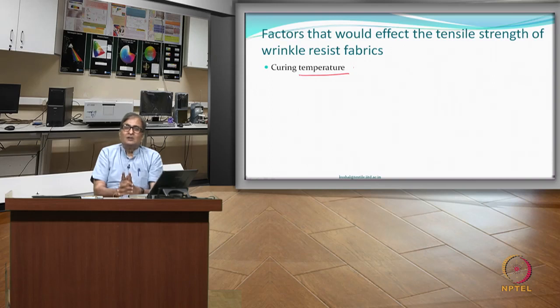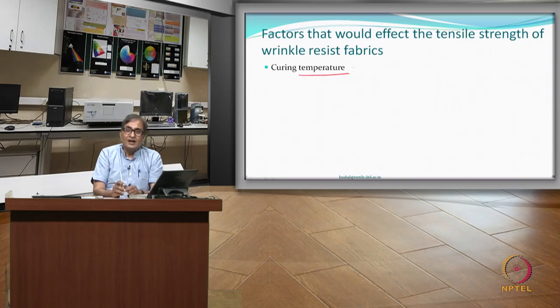But still, heat is one of the things which will definitely, if not properly controlled, lead to some deterioration of properties. If deterioration of property means what? Tensile strength can go down, and that is why this is one important factor.